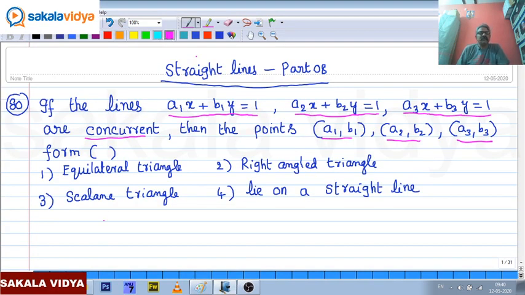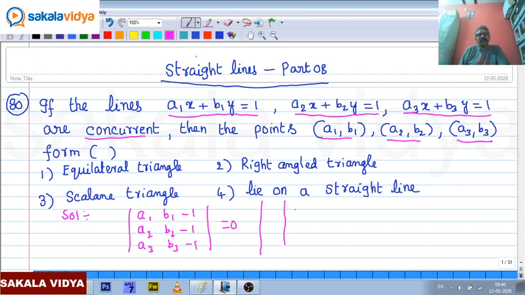So now let us write it. Solution. Since these three lines are concurrent, we can write determinant of (a1 b1 minus 1; a2 b2 minus 1; a3 b3 minus 1) equals to 0, since they are concurrent. So take minus 1 common from the third column and cross multiply.